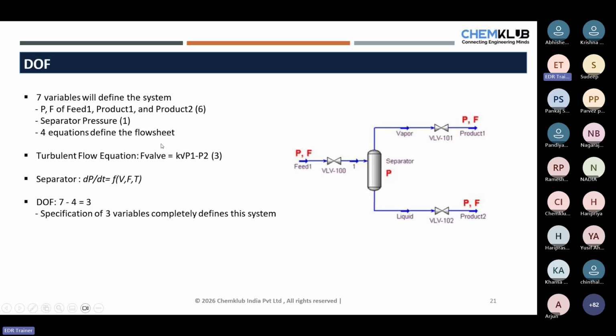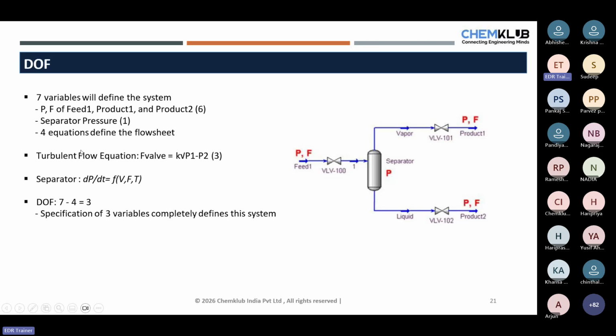There are four equations. Out of that, three equations are for the valves, the resistance equations for the three valves, which is represented by flow being directly proportional to the square root of pressure drop. Then you have an accumulation equation for the separator, which is dP by dt as a function of volume, flow, and temperature.